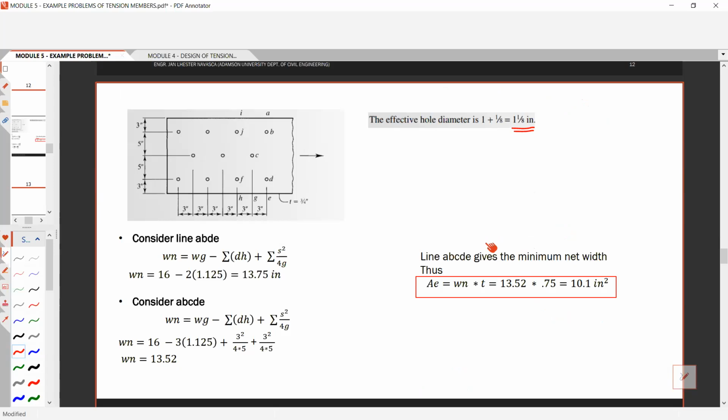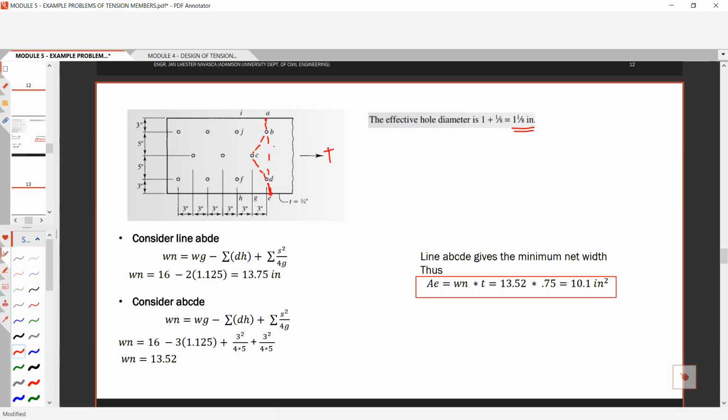Okay. So, given this type of holes, the staggered holes, we need to consider different cases. We can assume that during the load T, we can have a fracture at this line. Or maybe you can have a fracture at this line, just going to the nearest holes, so this one, and going to the edge.